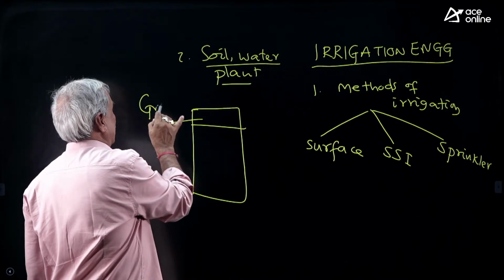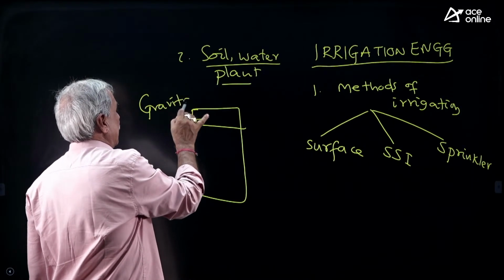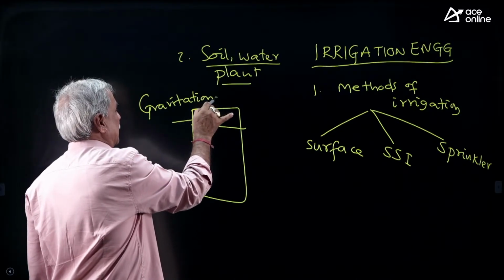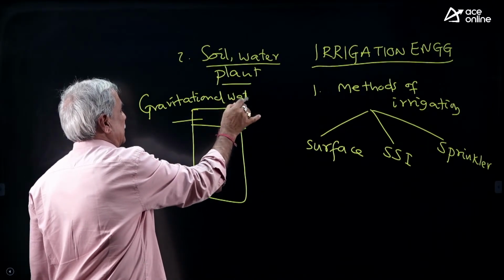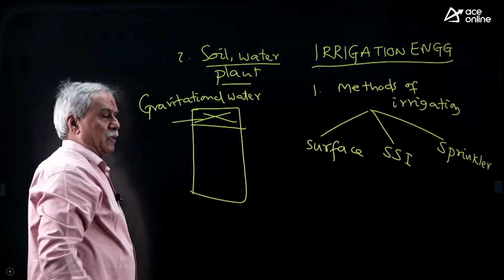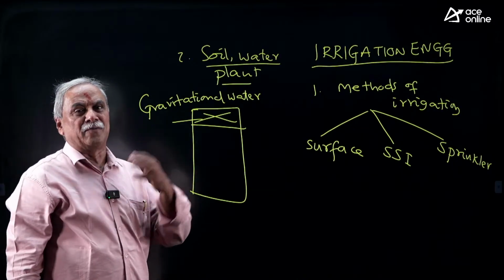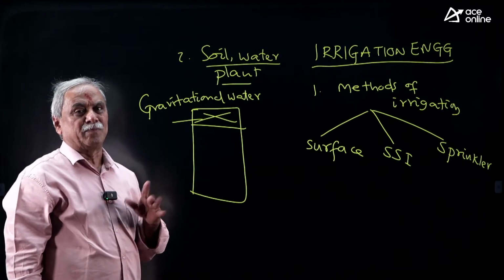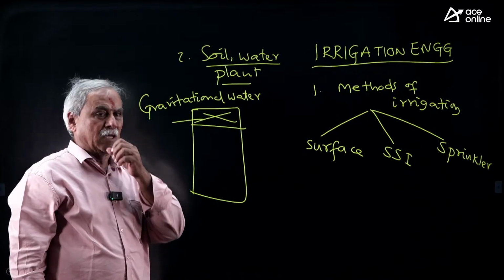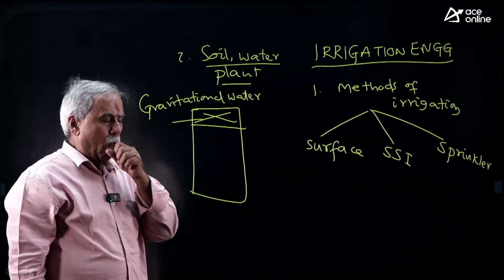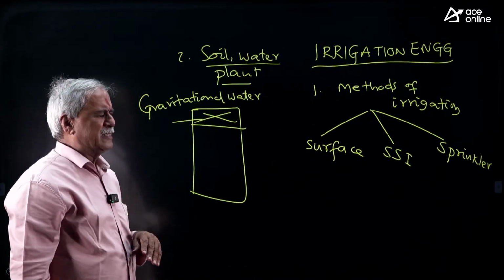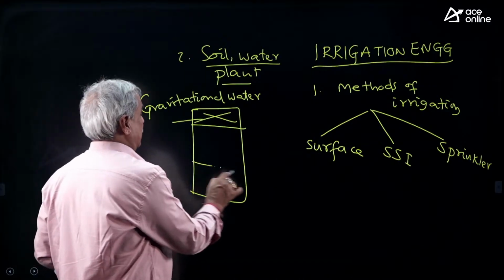That water is called gravitational water. Gravitational water is the undesirable water. If we supply the water to the field beyond field capacity, it is not possible for the crop to get irrigated properly. Such excess water is called gravitational water.